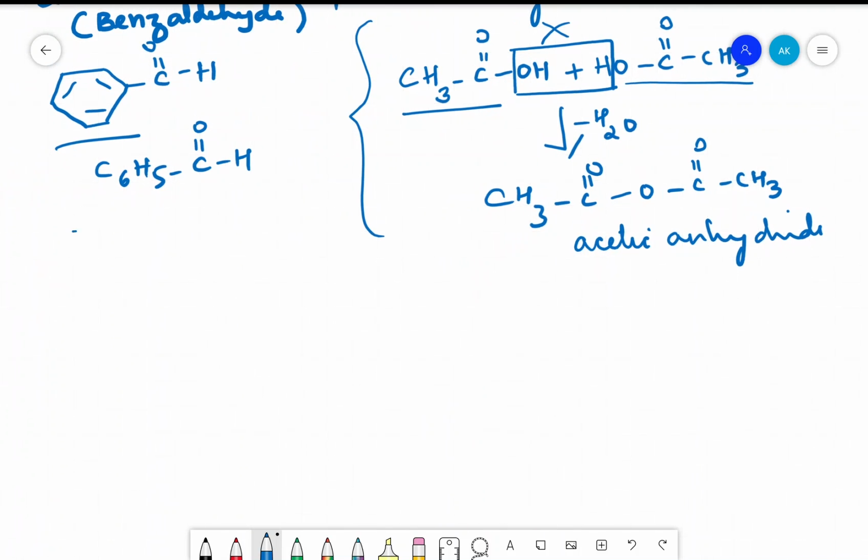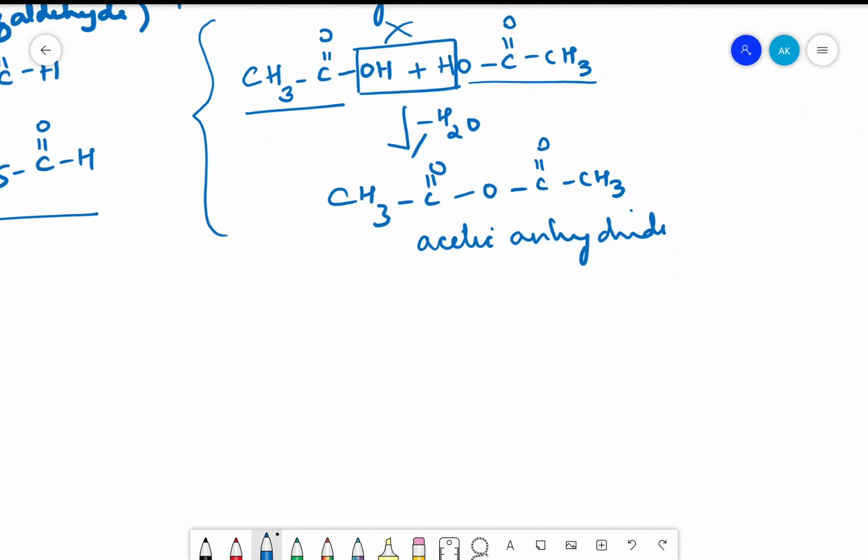So benzaldehyde is going to combine with acetic anhydride.